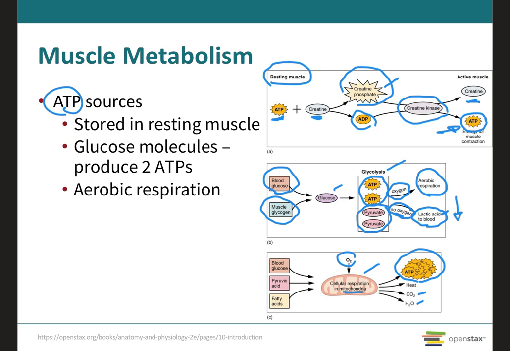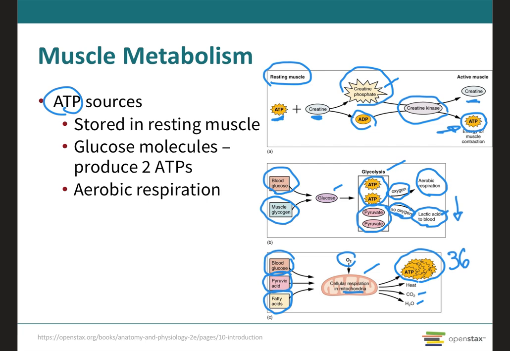So the inputs of aerobic respiration include glucose that's going to be circulating in the bloodstream. It's going to include pyruvic acid as well as fatty acids. And this aerobic respiration is much more efficient than the anaerobic glycolysis, as it produces 36 ATPs per molecule of glucose versus 2 from the glycolysis.